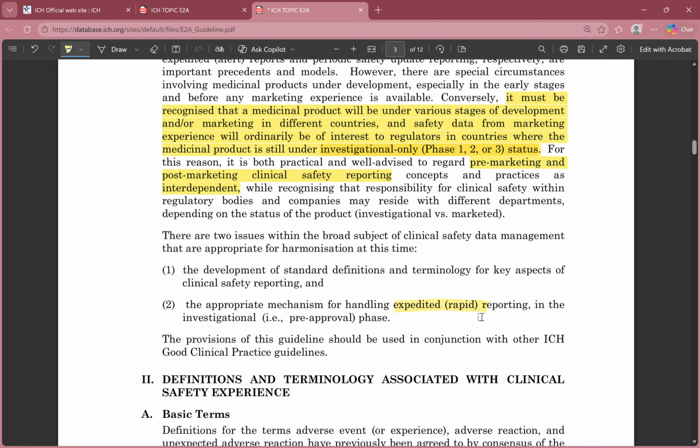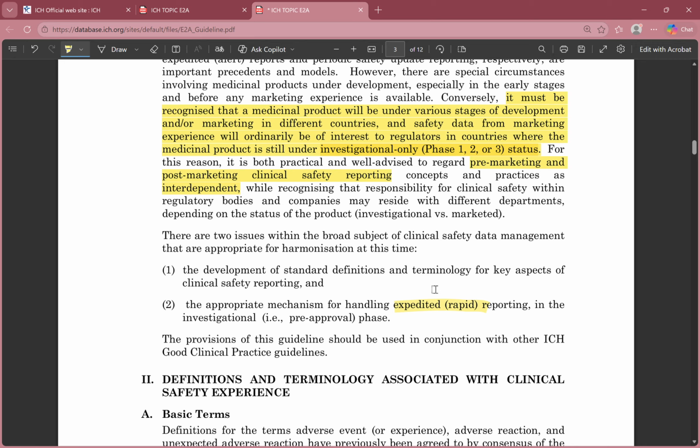This generally involves SUSAR reporting, which is within 7 or 15 days. So this is a regulatory timeline which is followed. For 7 days, we have the SUSAR cases in which we have either a fatal or life-threatening adverse event, and the ones which do not meet these criteria but are serious have to be reported within the 15-day timeline.